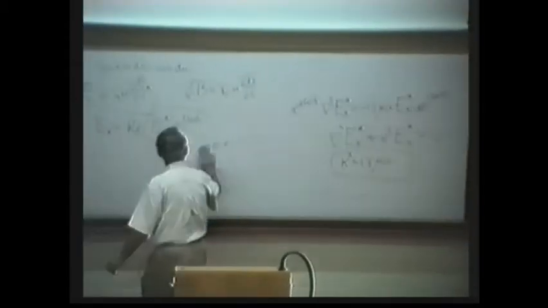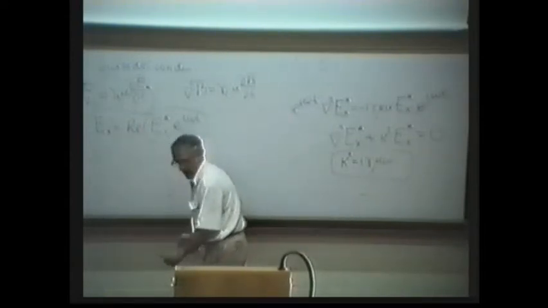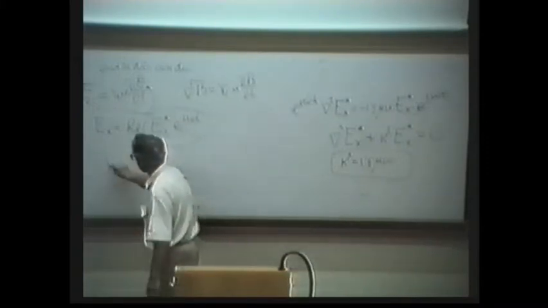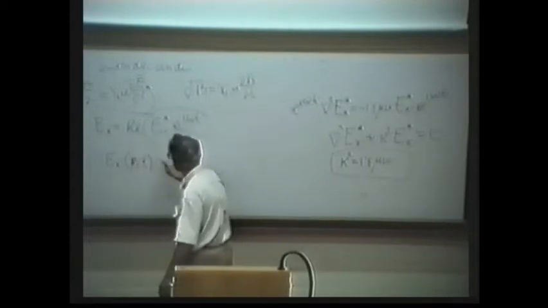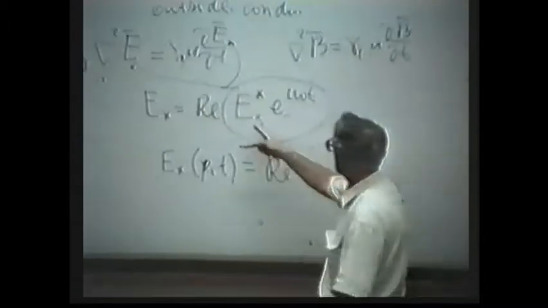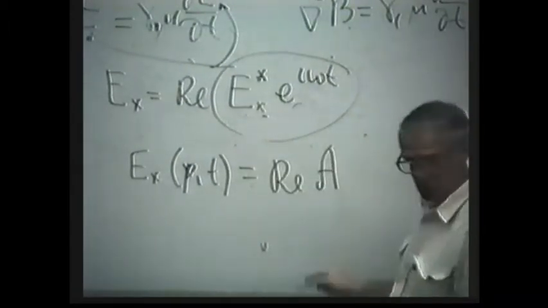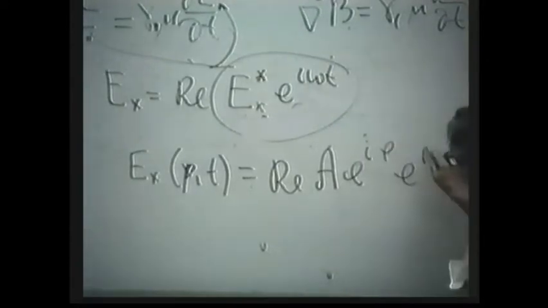So all problems are formulated for the complex amplitude. So we have E_x as a function of coordinates of the point and time, and it's equal to the real part. How did we present the complex amplitude? Amplitude, real amplitude, phase, times e to the i omega t.